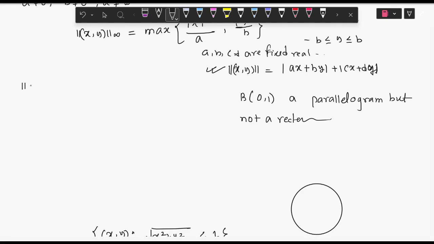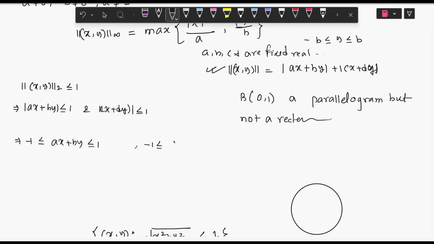You can easily check that if the norm of (x, y) is less than or equal to 1, that implies mod of ax plus by is less than or equal to 1, and mod of cx plus dy is again less than or equal to 1. So minus 1 is less than or equal to ax plus by is less than or equal to 1, and minus 1 is less than or equal to cx plus dy is less than or equal to 1.